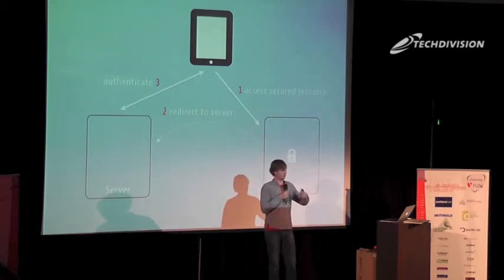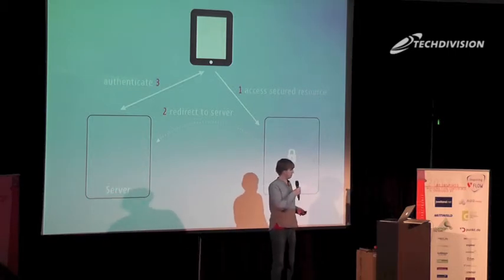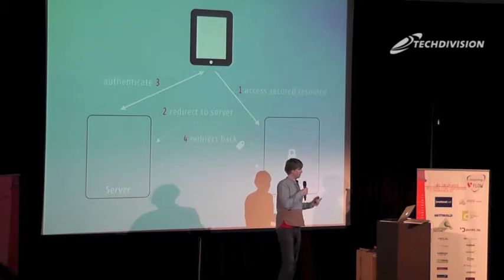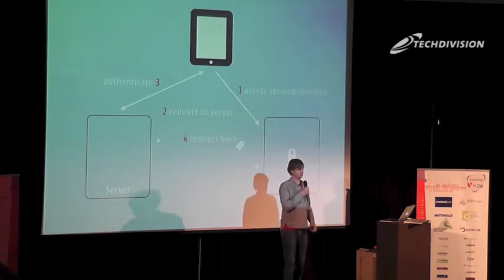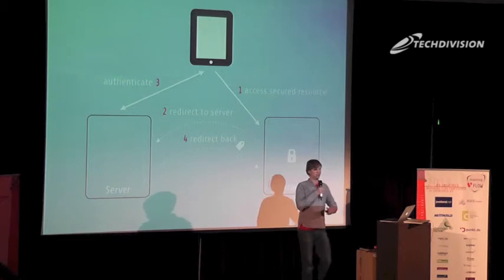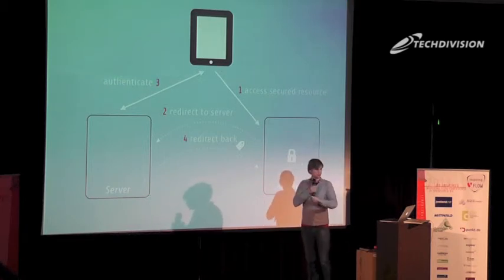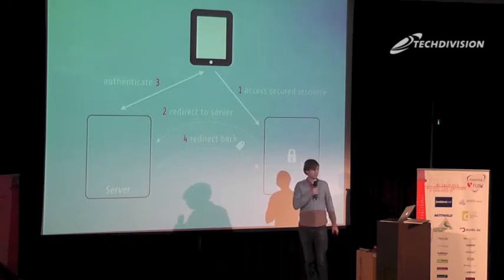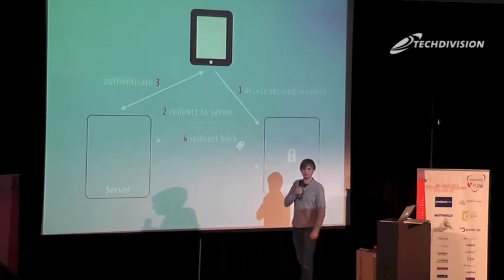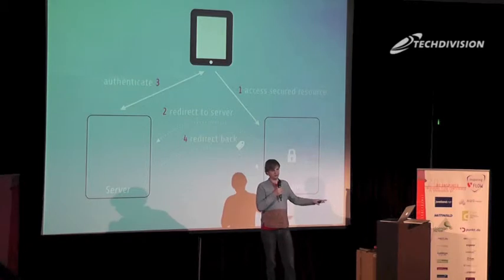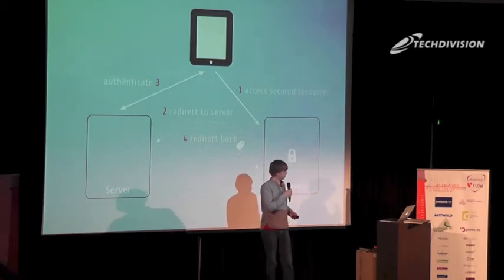And if the server has your identity and authenticated you, the server will bring you back to the instance. And all these dotted lines are redirects through your browser. So the browser will transfer your session, and this is very important because we also have server-to-server communication in here.